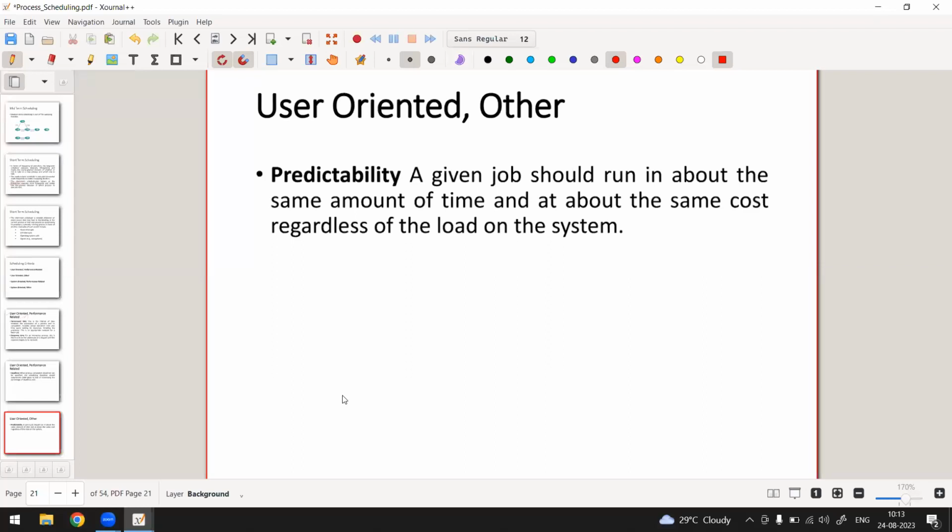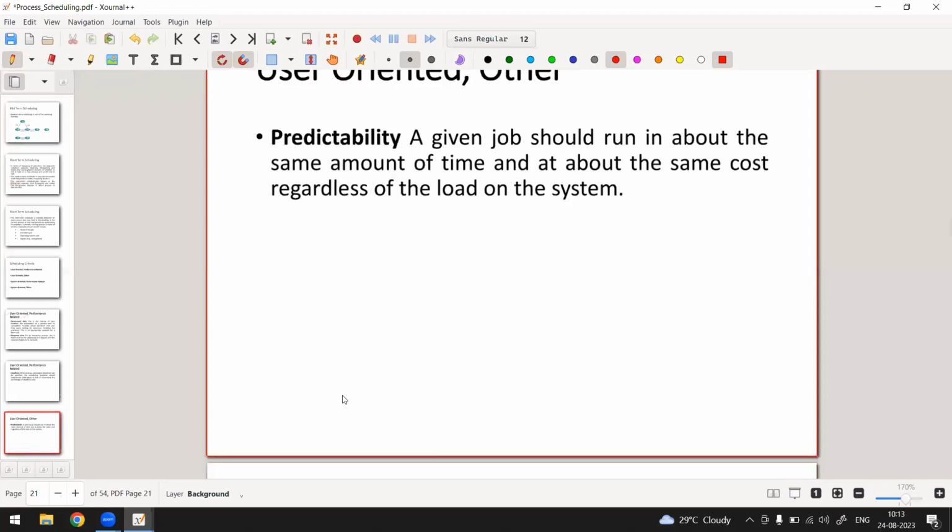So that is the other criteria, predictability. It means you should be able to predict how much time your job is going to take, irrespective of the load on the system.